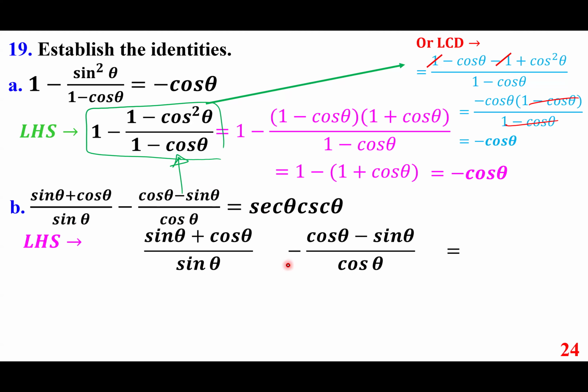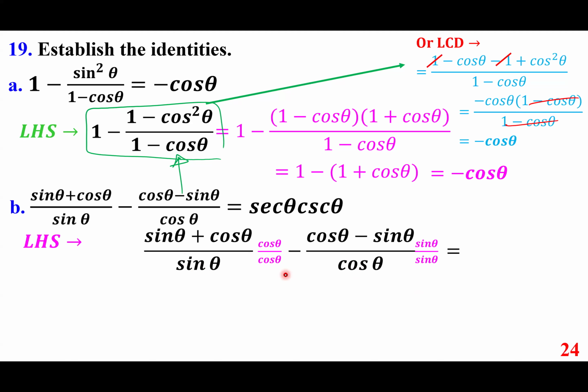That means we're going to raise the fraction for this one by cosine theta over cosine theta, this one by sine theta over sine theta. This means we are taking a common denominator, everybody. The common denominator is sine theta times cosine theta. In any order you want to write it, makes no difference. But on purpose, I'm going to write cosine theta times sine theta. You'll see in a moment why I do that.